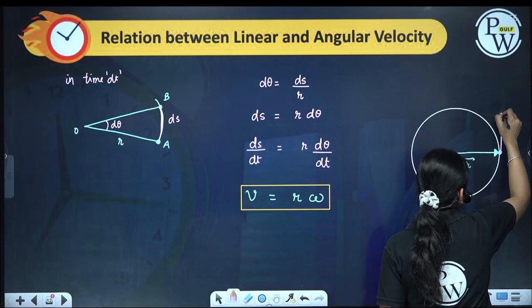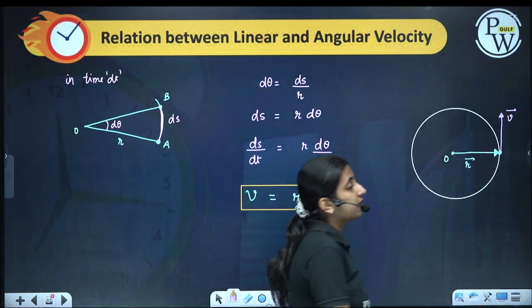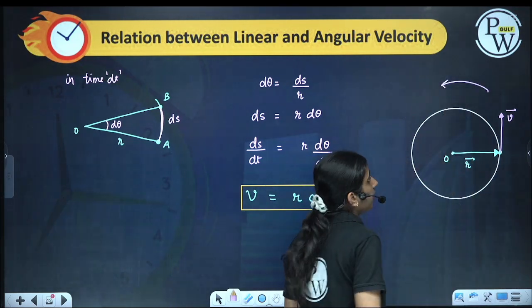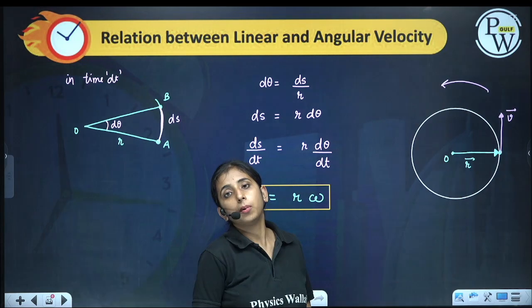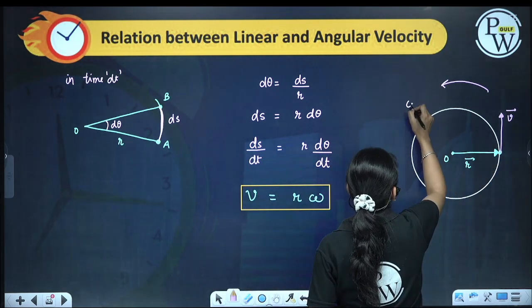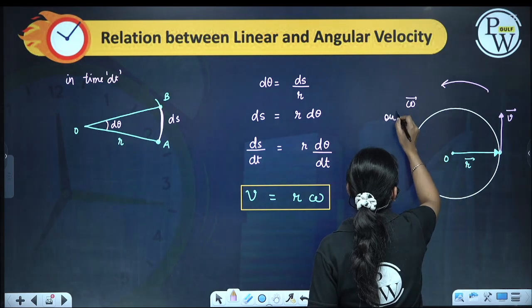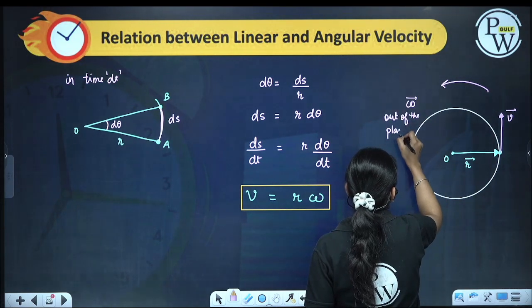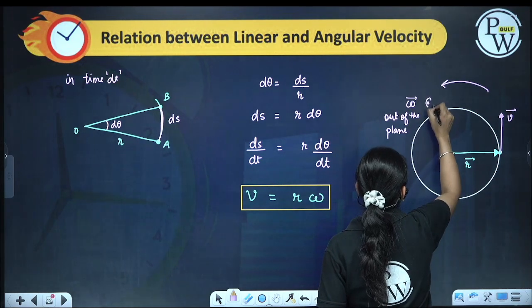How is velocity defined? Velocity is along the tangent to the path. If my particle is moving like this, then omega is out of the plane, and we represent an out-of-plane vector by a dot.